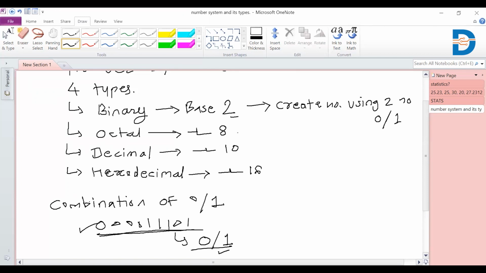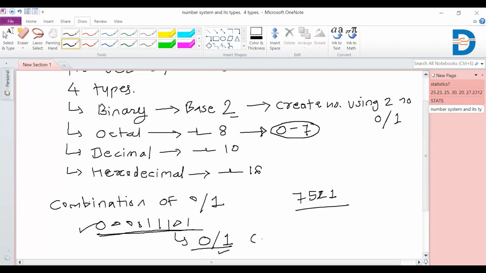In the same way, when can we say octal number? Octal numbers are generated by using the numbers 0 to 7. All these are 8 numbers. So if I say 7, 5, 2, 1, this is my octal number.